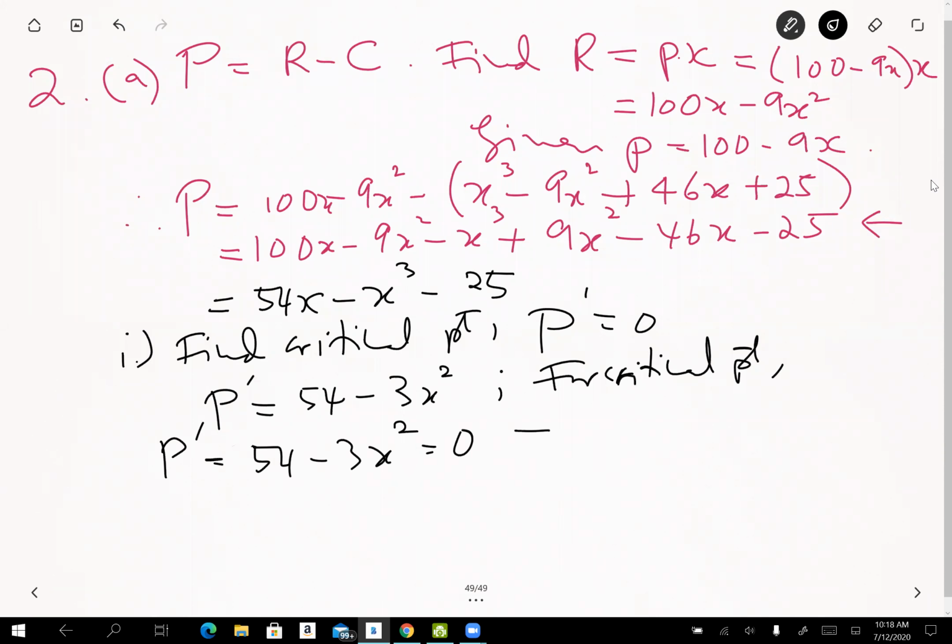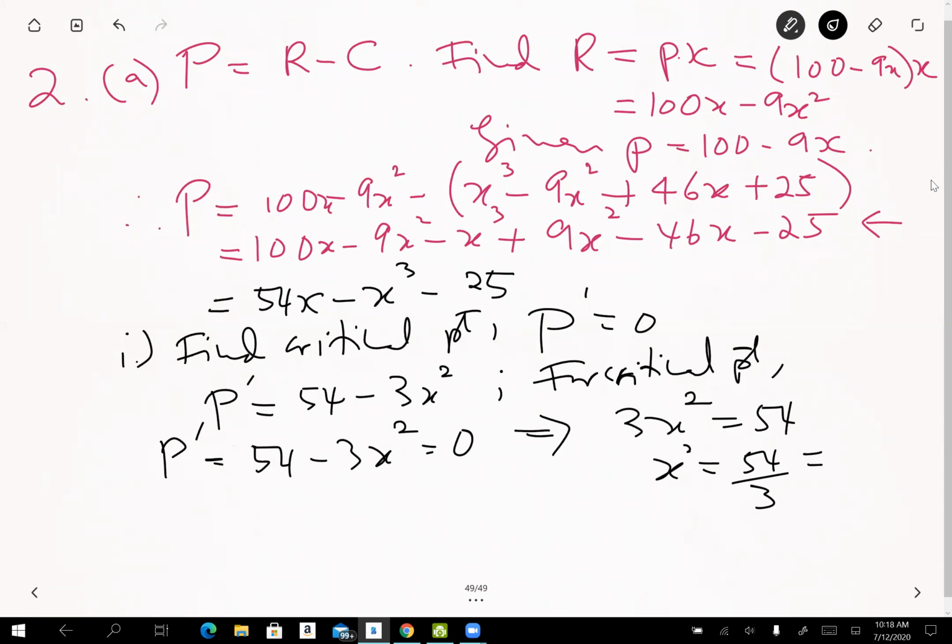So what do you have? I have 3x squared equal 54. x squared equal to 54 over 3. I'm sorry, that will be equal to 18. Is that right?